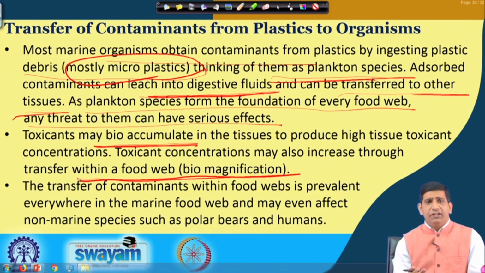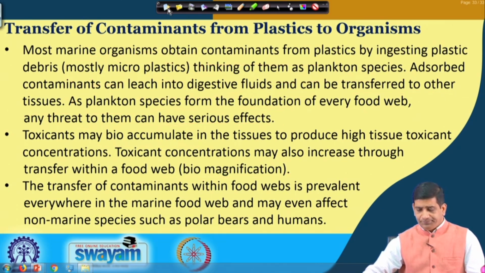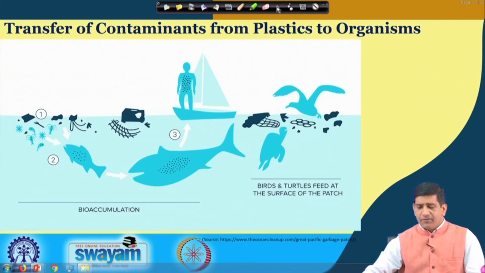So, contaminants within the food web are prevalent everywhere, even in non-marine species such as polar bears and humans. This contaminant keeps on going up in different species, and humans, being on top of the species chain, end up getting exposed to it as well. It is just the same thing which we just talked about.